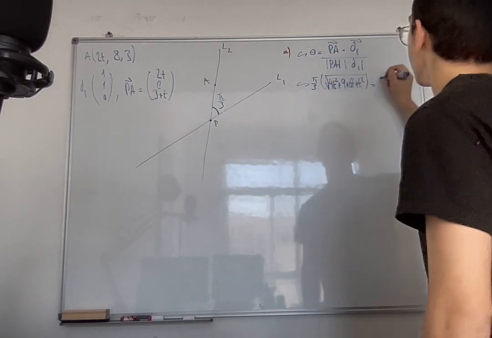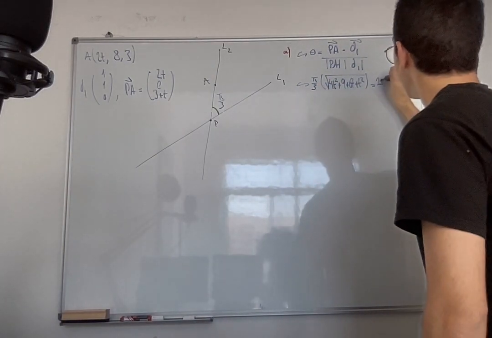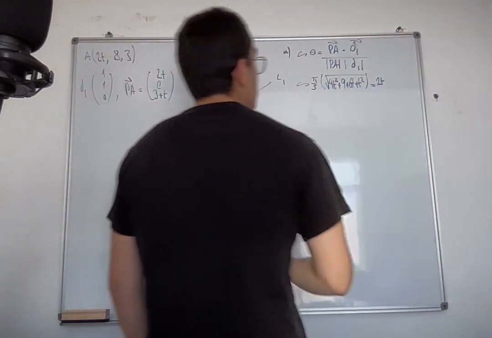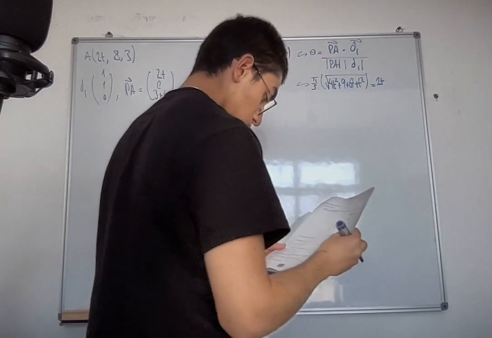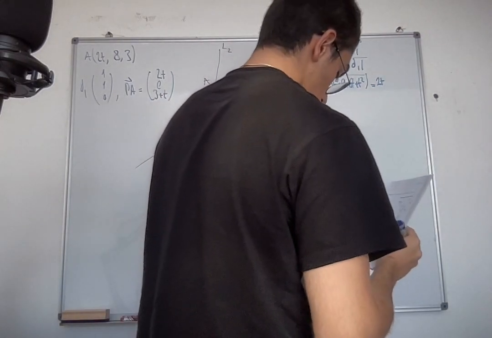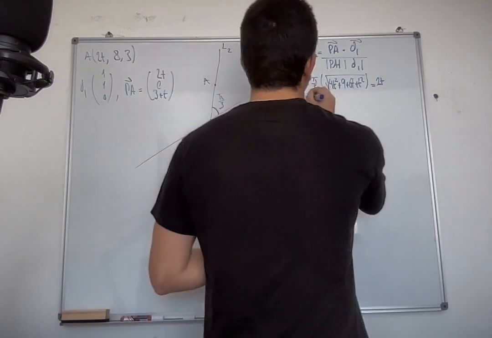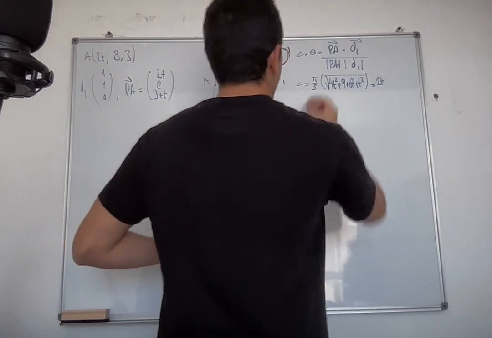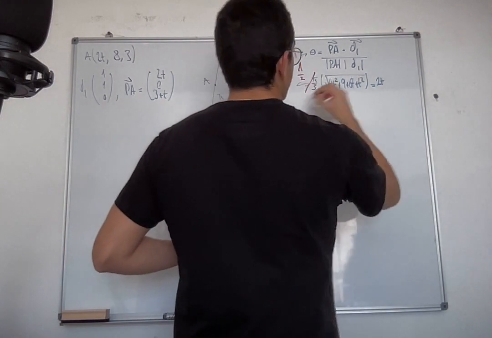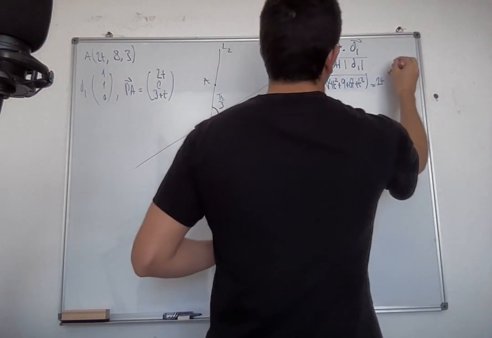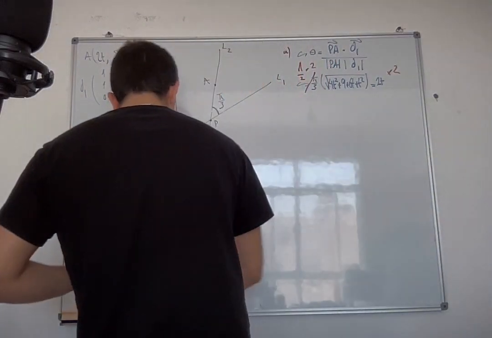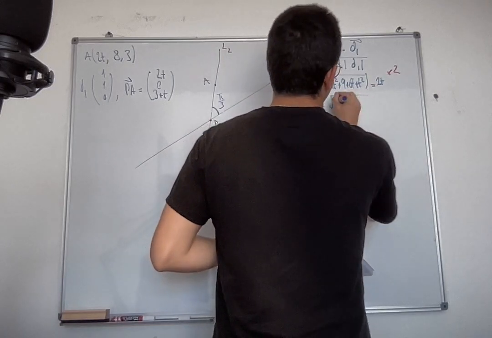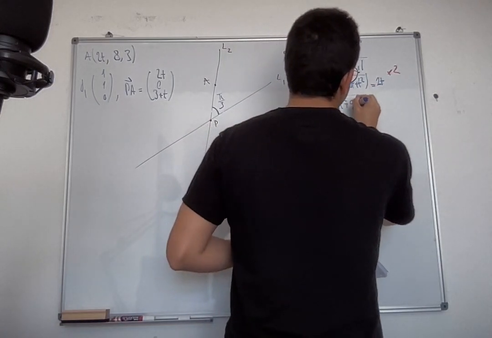So the dot product is going to be 2t. Cosine of pi over 3 is 1 over 2, so I'll write this here: 1 over 2, and then multiply both sides by 2. You'll be left with 4t is equal to the square root of 4t squared plus 9 plus 6t plus t squared.